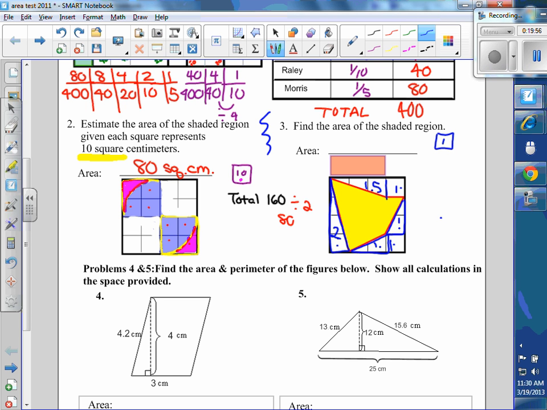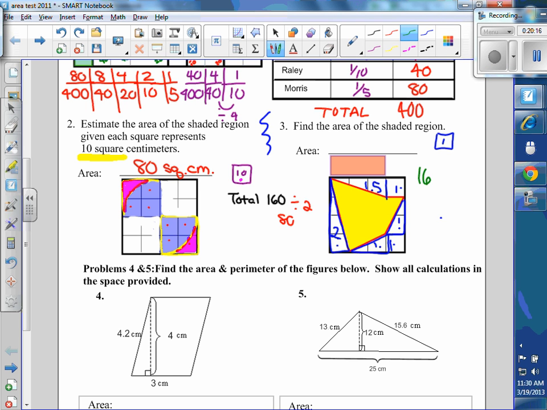What do I do with that, MJ? The outside triangles add up to 7.5. What's the whole grid add up to? 16. So what do you do, MJ?